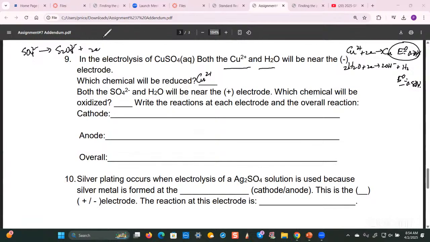And when I looked up the value for that, the EMF value is minus 2.05 volts. And then for the reduction of water, H2O plus 2 electrons to form H2 plus 2OH minus, and you need a 2 here. And the EMF of that is equal to, okay, where is that? I had it earlier.